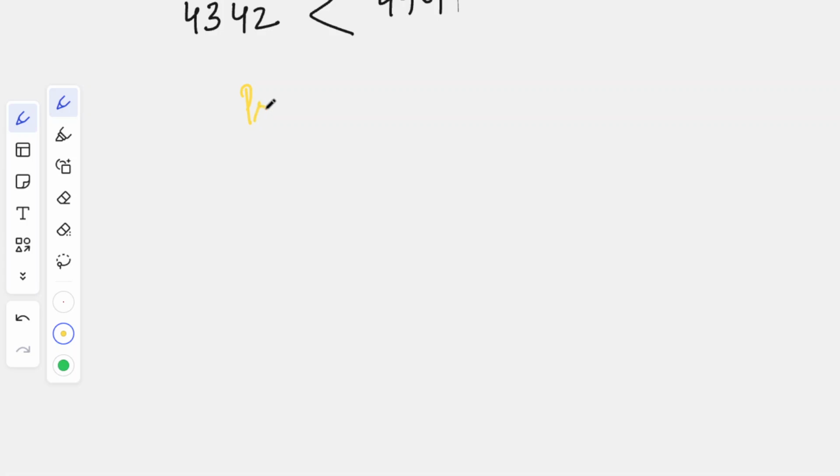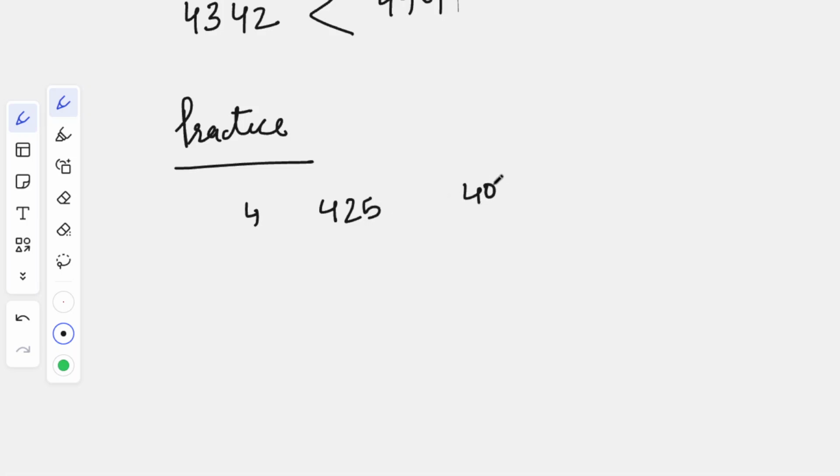So, let's have some numbers. You need to practice the comparisons for: compare 425 with 407. Compare 9028 with 9120.